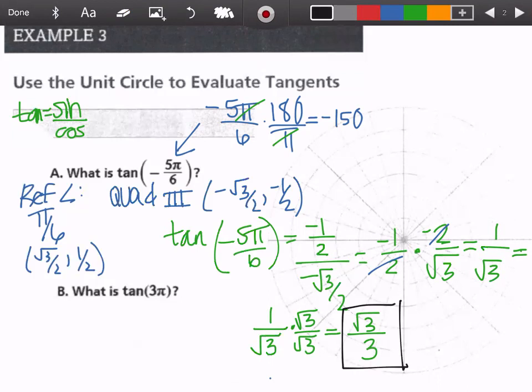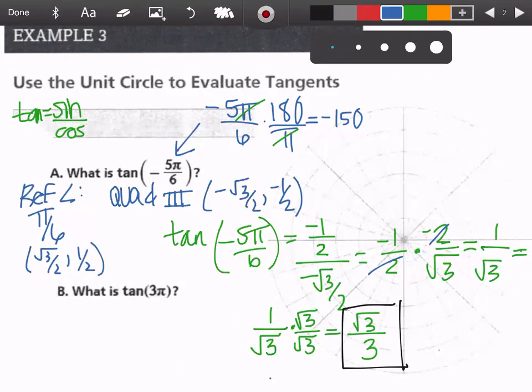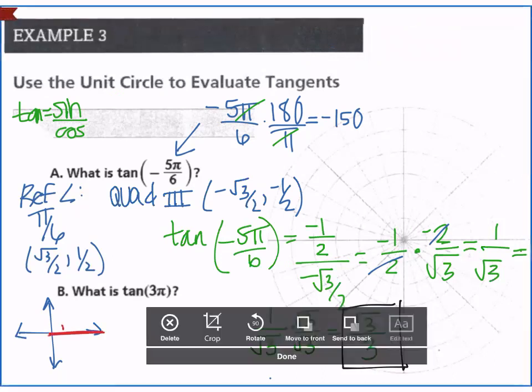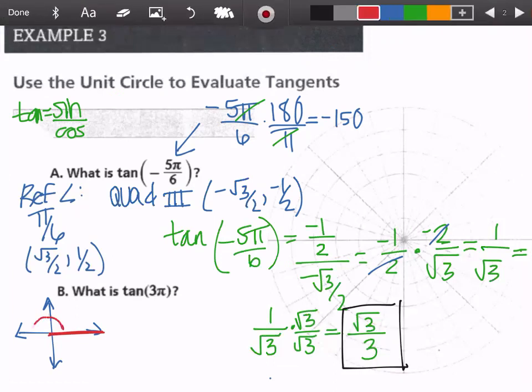So now, what if we were asked to find tangent of 3 pi? So if we look at our unit circle or our xy axis, we have the initial side, and it's going to rotate to pi, then rotate all the way around to 2 pi, and then it has to go one more to 3 pi.